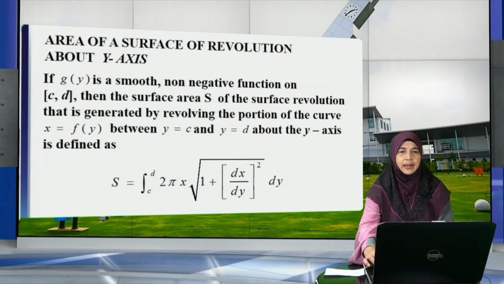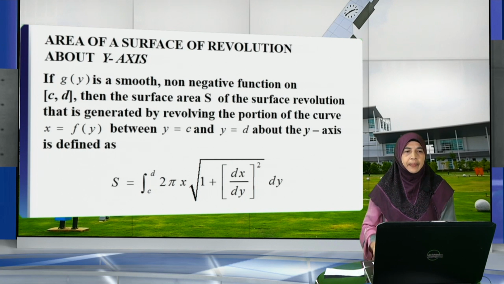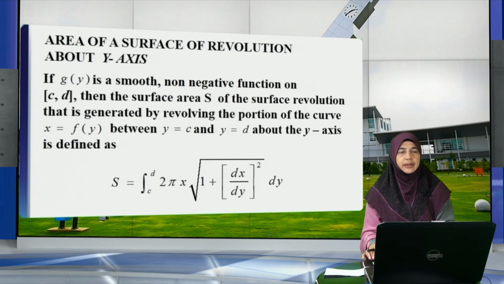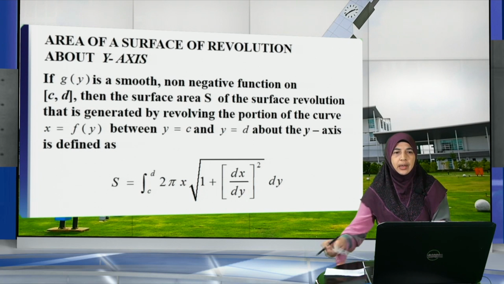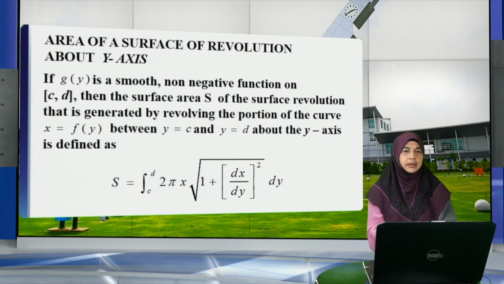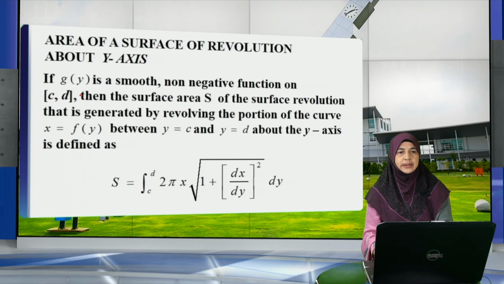Let's look at how to find the area of surface of a revolution about this y-axis. Now this one, we need to know that the function is in terms of y, and that function must be smooth, non-negative on the interval CD.